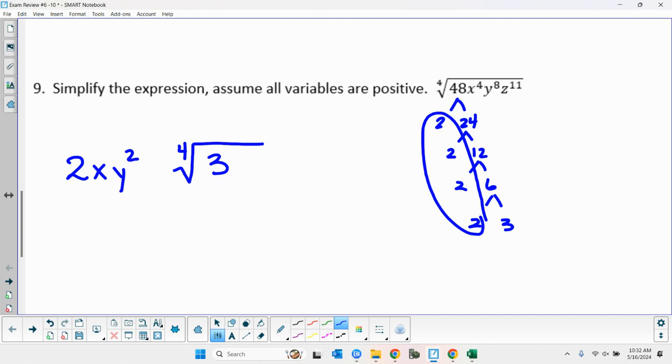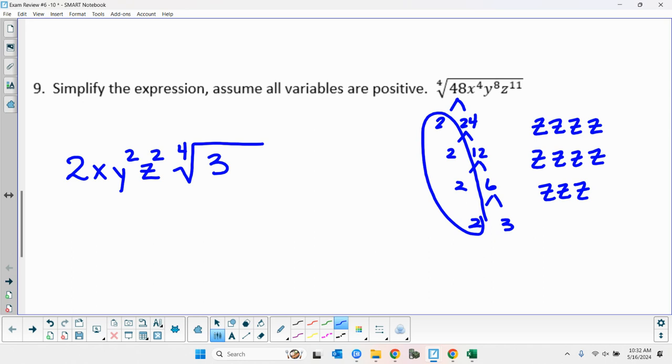Okay, on the z's, there's 11 z's. How many groups of 4 do I have? 2. So z squared out front. Questions so far? James? You put a z under the radical, right?